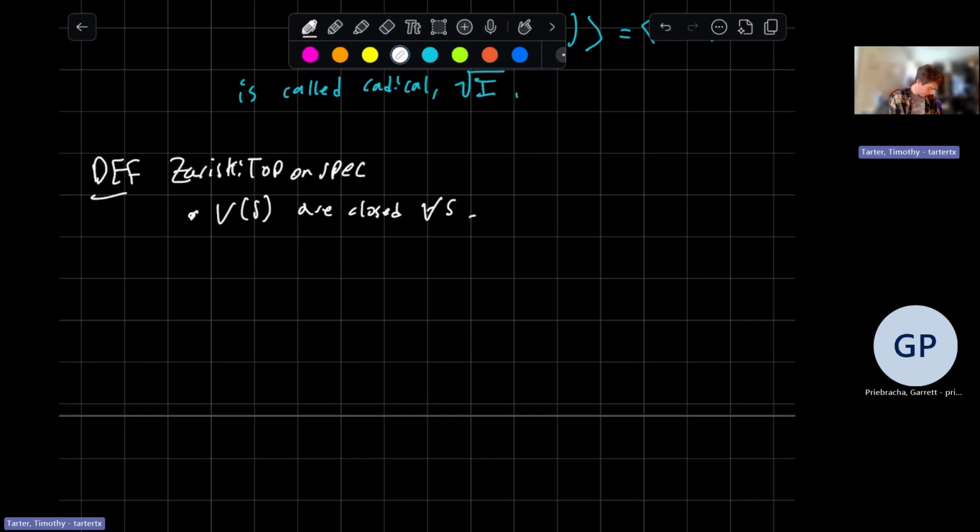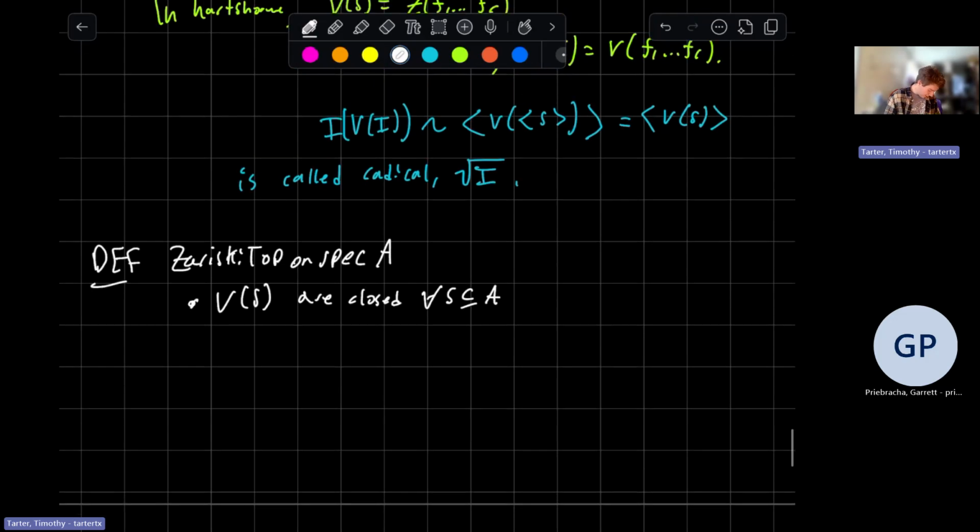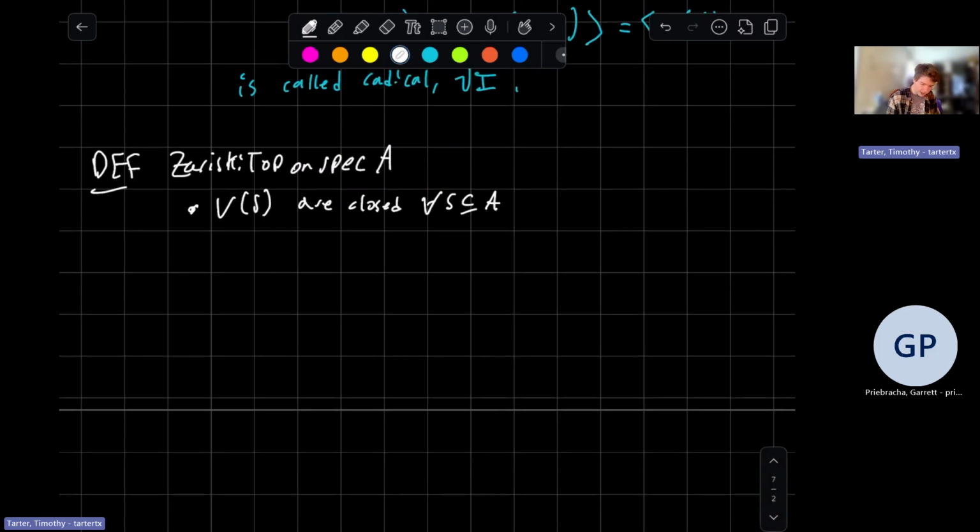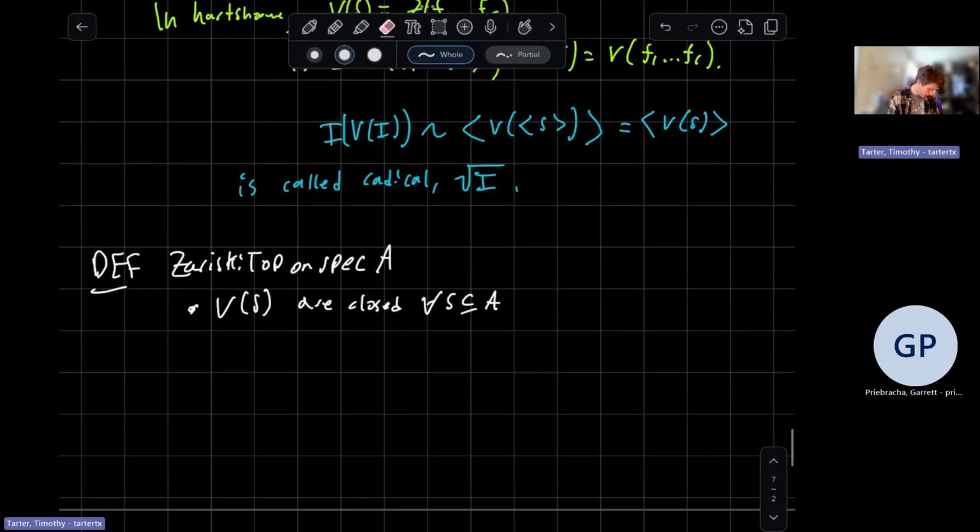To show that this is a topology, we would show that the empty set and Spec A are in here. Is it in A or in Spec A? I think it's in Spec A.